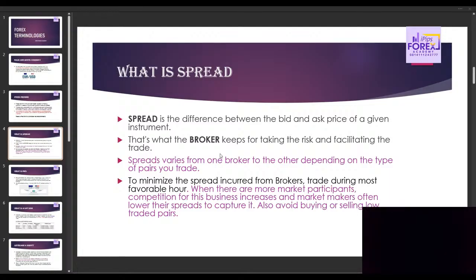That way your spread reduces. But you know that the 14 naira on top, times 100, cumulatively amounts to something. So that's why it is advisable you only stay in the market when there are more participants. And when there are more participants, it means there is competition. If you don't trade with this one, you can trade with another one. They want you to trade with them, so they will give you a good price.